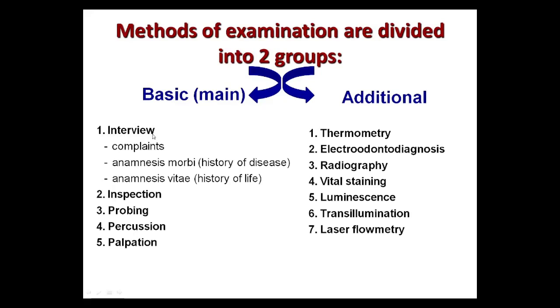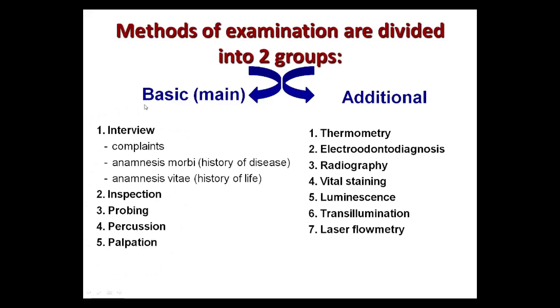First, interview, which consists of complaints, anamnesis morbi or history of disease, and anamnesis vitae or history of life. Number 2 is inspection. Number 3 is probing. 4 percussion, and the last one is palpation.